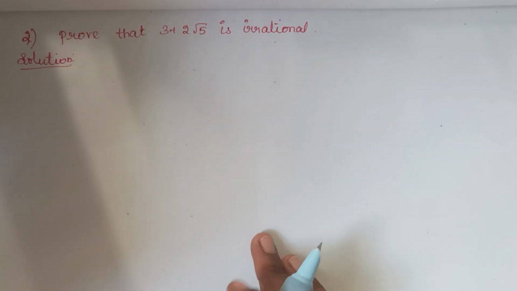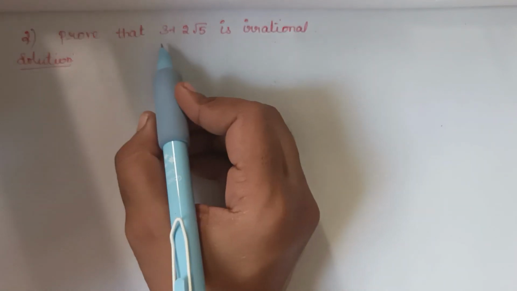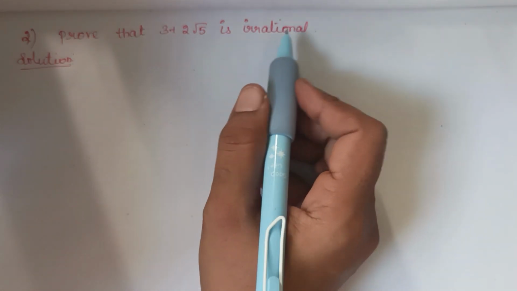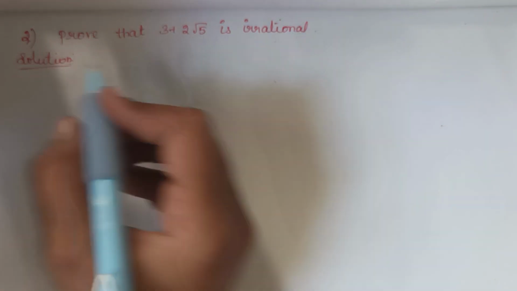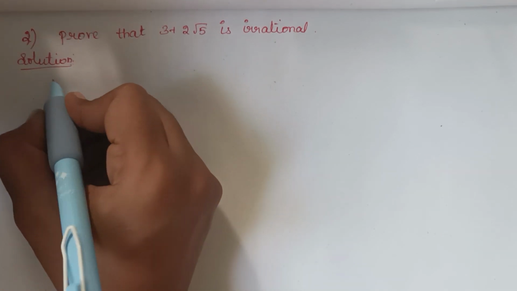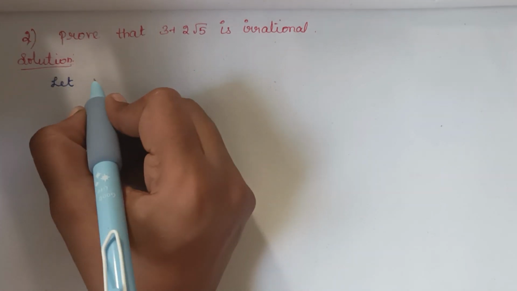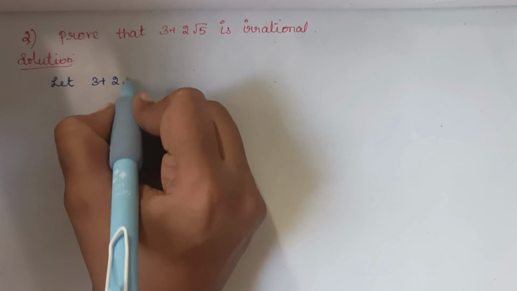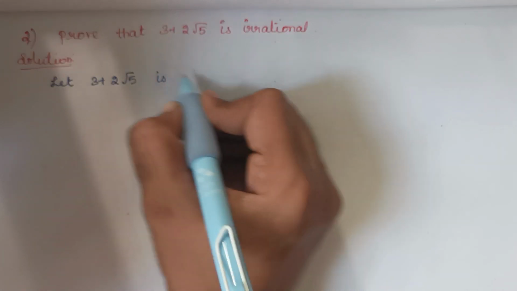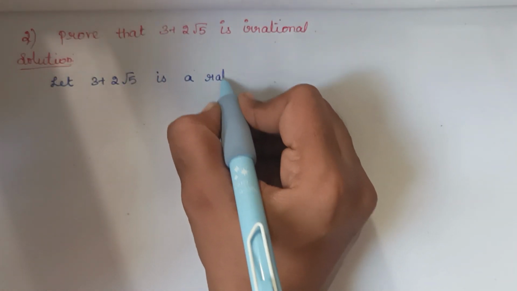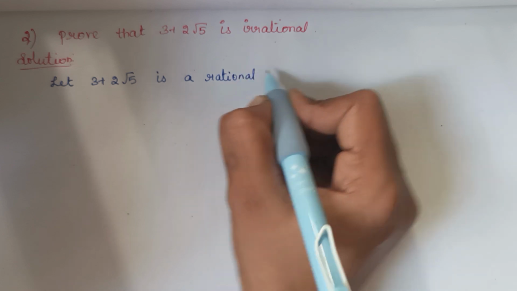Yeah, the second sum. Prove that 3 plus 2 root 5 is an irrational number. Now getting to the answer, let us consider that 3 plus 2 root 5 is a rational number.